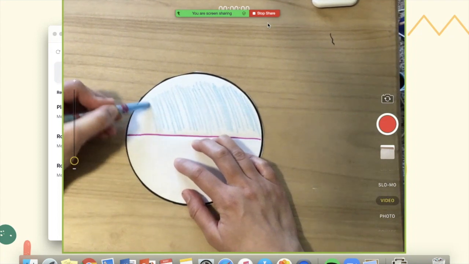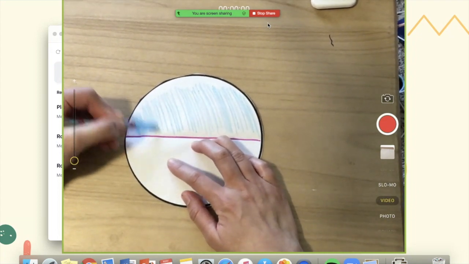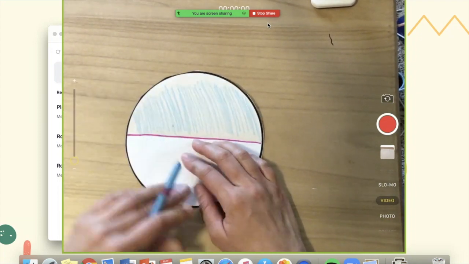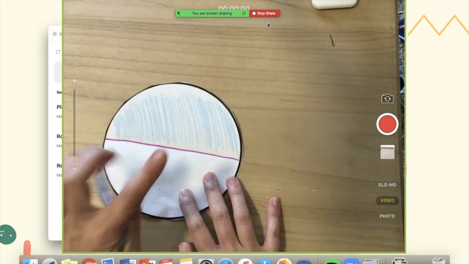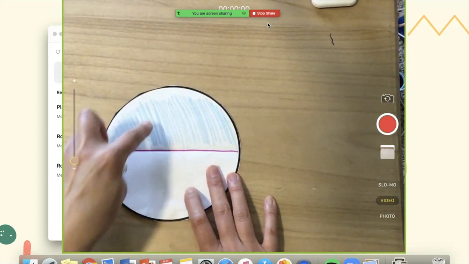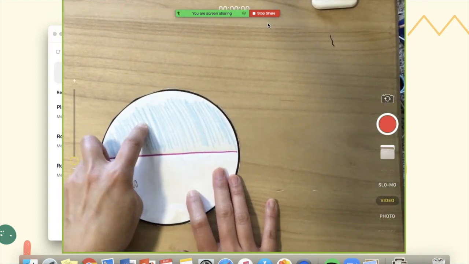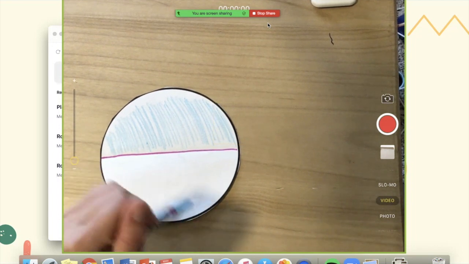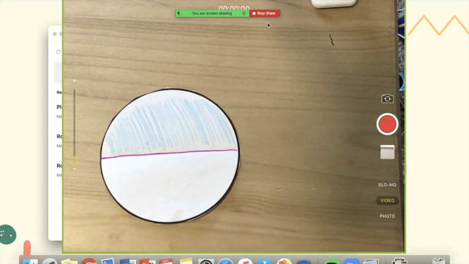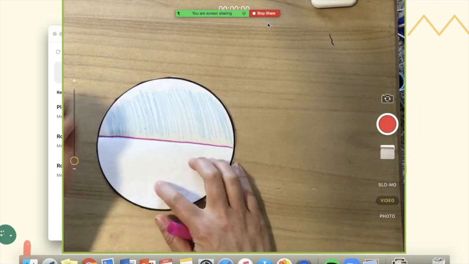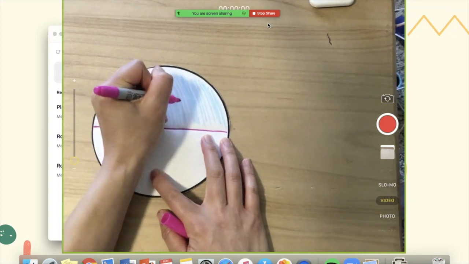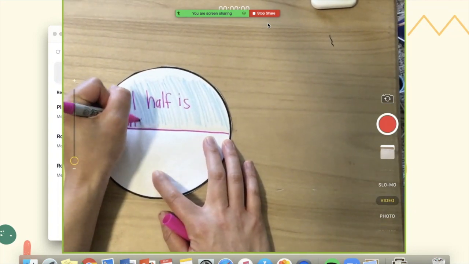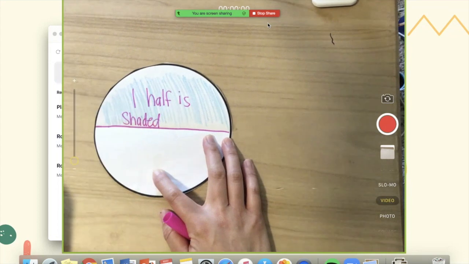Now, I want you to think, how can you now describe the way my circle looks? Before, without that line, I had a whole. I drew the line and now I have halves, but now that I've shaded it, how can you describe the circle? So you could describe that 1/2 is shaded, right?